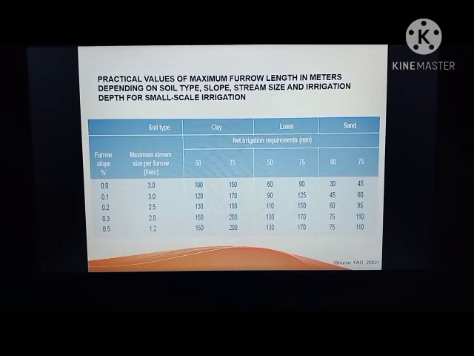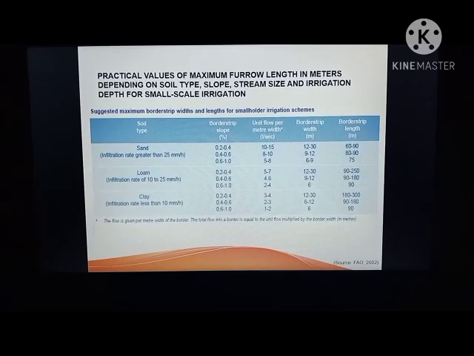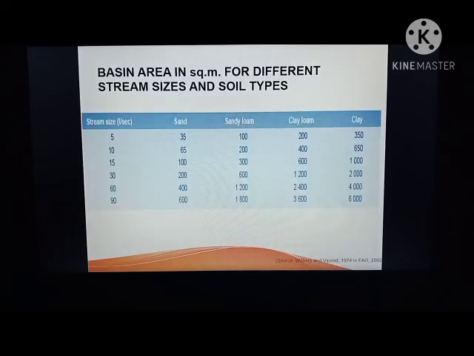These are some tables. We're not going to discuss this anymore. These are the soil types for border irrigation. And here, the basin area in square meters for different stream sizes and soil types.